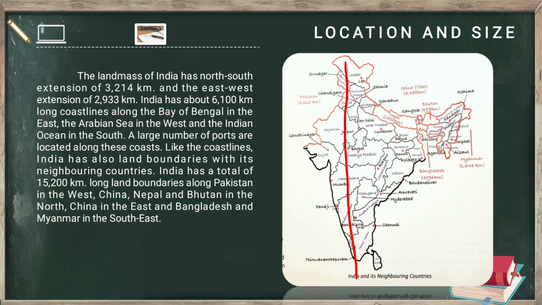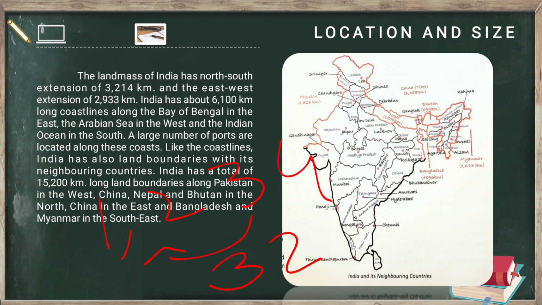This length is 3,214 kilometer. In order to remember this, we can use 1, 2, 3, 4. So 3 came first, then 2, then 1, then 4. You start counting from 3: 3, 2, 1, 4. Easy to remember? Yes? So this is the trick.